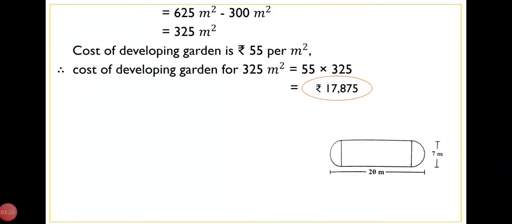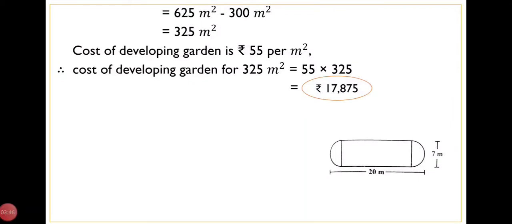The shape of a garden is rectangular in the middle and semicircular at the ends as shown in the diagram. Yes, you can see the figure that a garden is given in the shape of a capsule. That is, it is a rectangle in the middle and both the end parts are semicircles. Find the area and the perimeter of this garden.